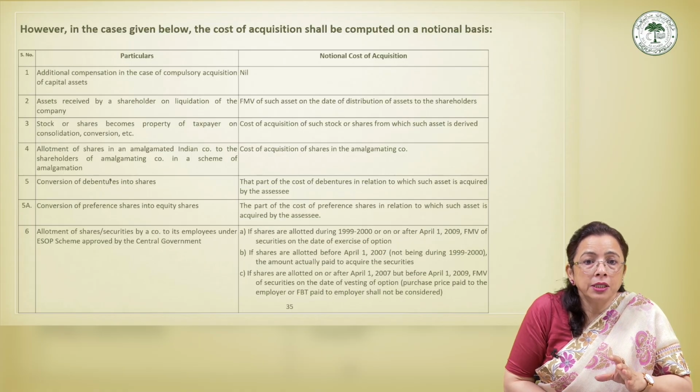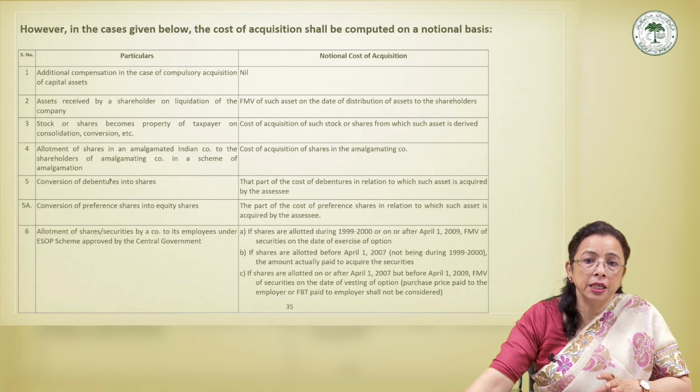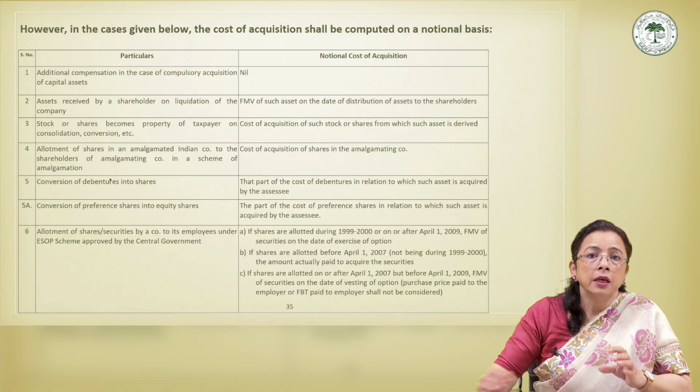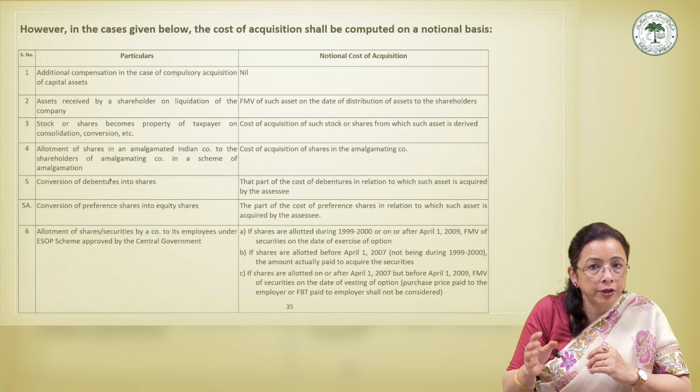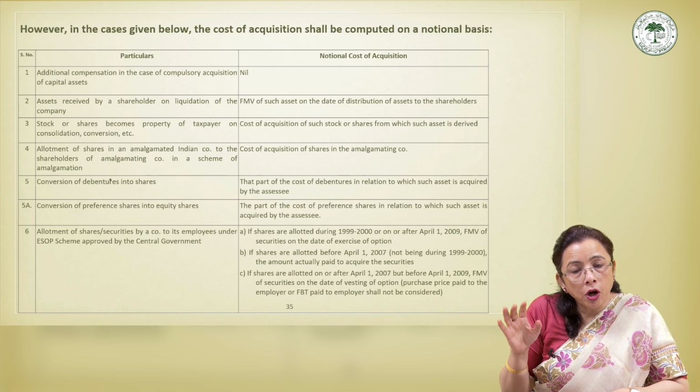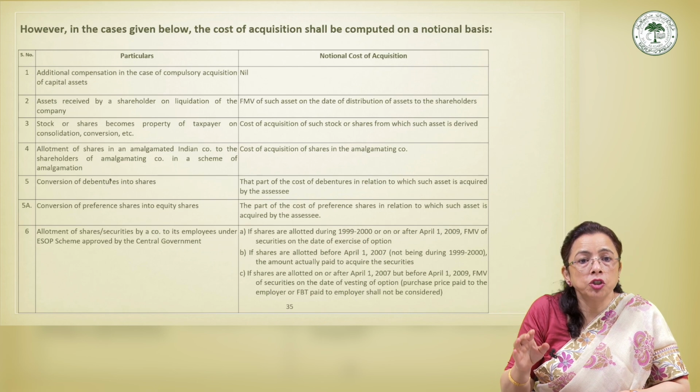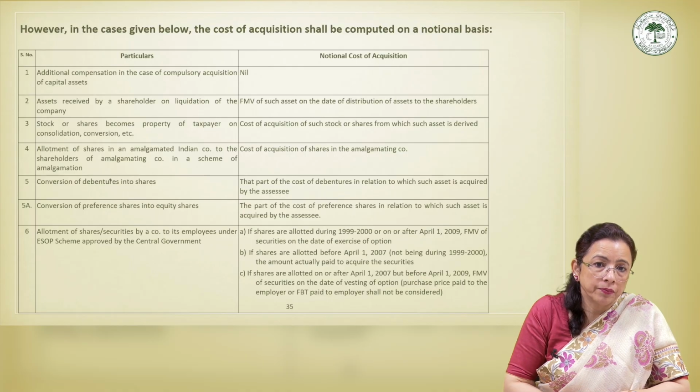Now, if the shareholders later transfer the assets received during the liquidation, then the COA of such assets will be taken as the FMV or fair market value of that asset on the date it was distributed to the shareholders.